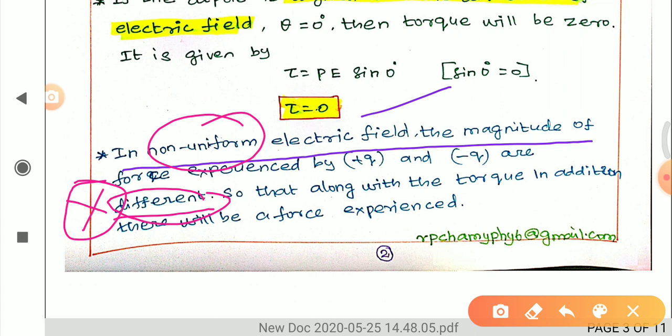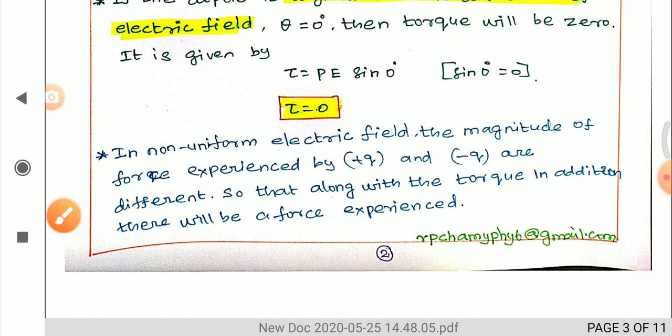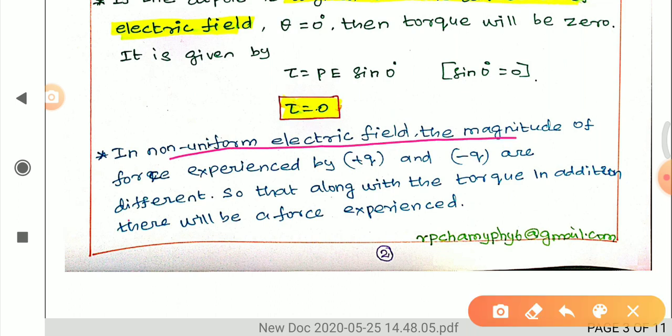Their magnitude is also different, so along with the torque, an additional force is also experienced. So what we have to understand here is that when it is kept in a non-uniform electric field, not only the torque but also a force is experienced. If it is kept in a uniform electric field, only torque will be experienced.